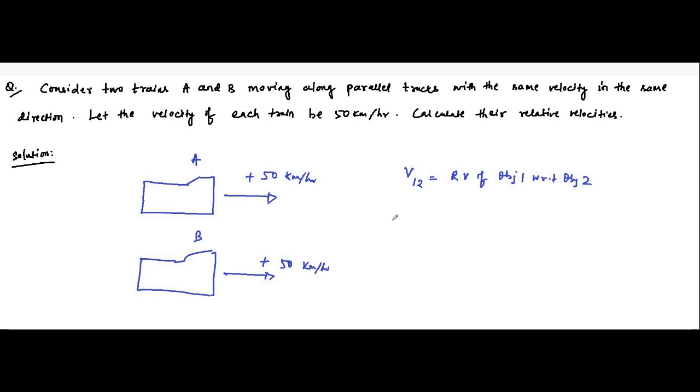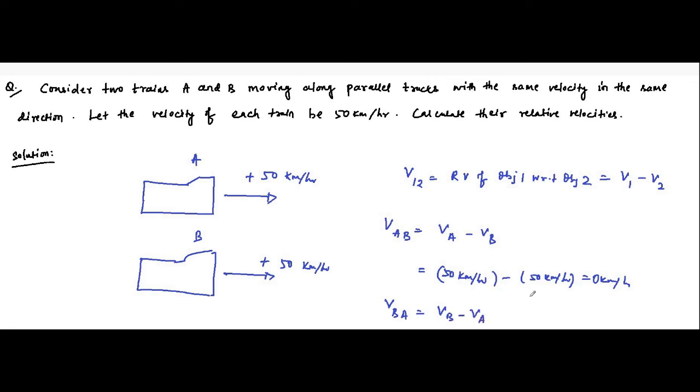So the relative velocity of train A with respect to train B is equal to V1 minus V2. So here it will be VA minus VB, which is 50 kilometers per hour minus 50 kilometers per hour, which is 0 kilometers per hour. And the same for the relative velocity of train B with respect to train A, VB minus VA, which is the same, 50 minus 50, 0 kilometers per hour.